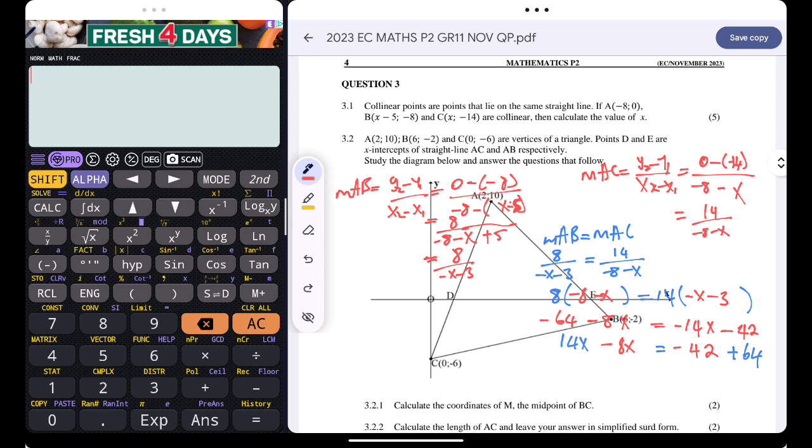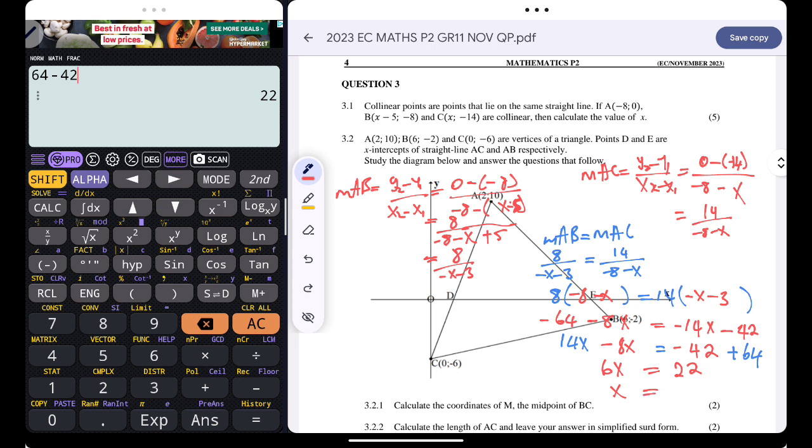So I have 14 minus 8, I believe it will give me 6x. And then 64, this will give me 22.